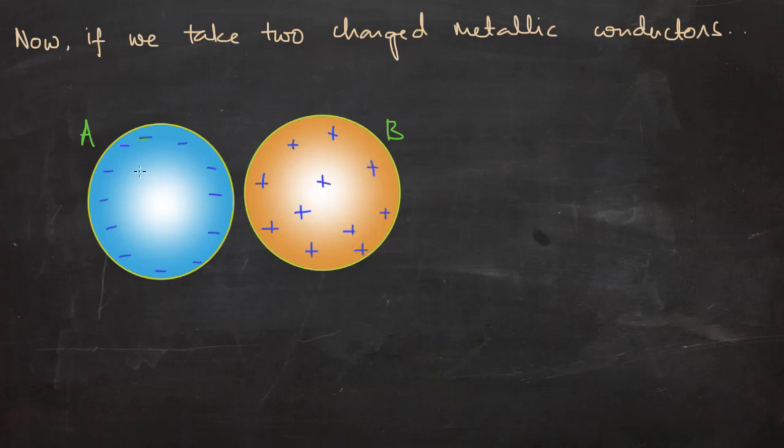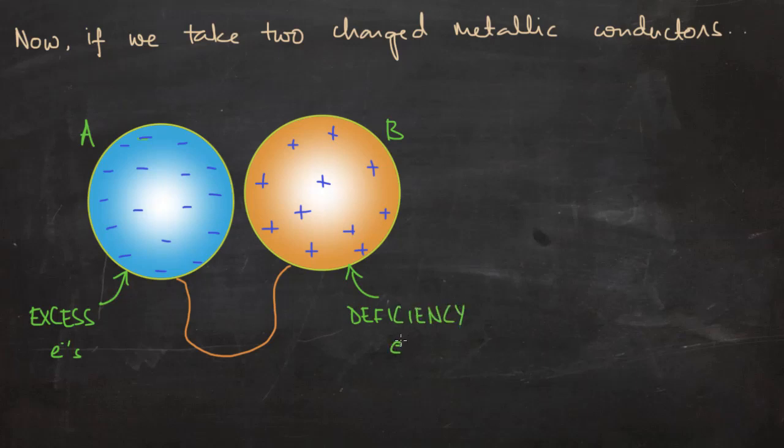So now that we have our two metallic conductors that have different charges, by some means of an external wire, let me connect conductors A and B. We have excess of electrons in A, while in B we have a deficiency of electrons.